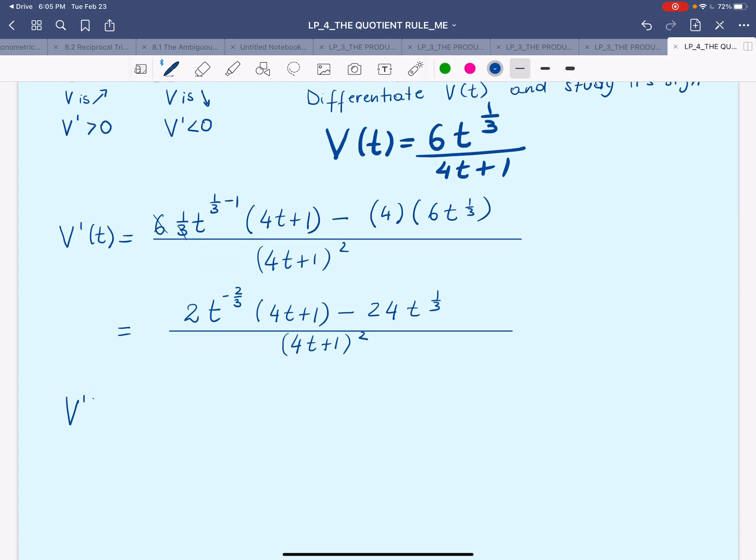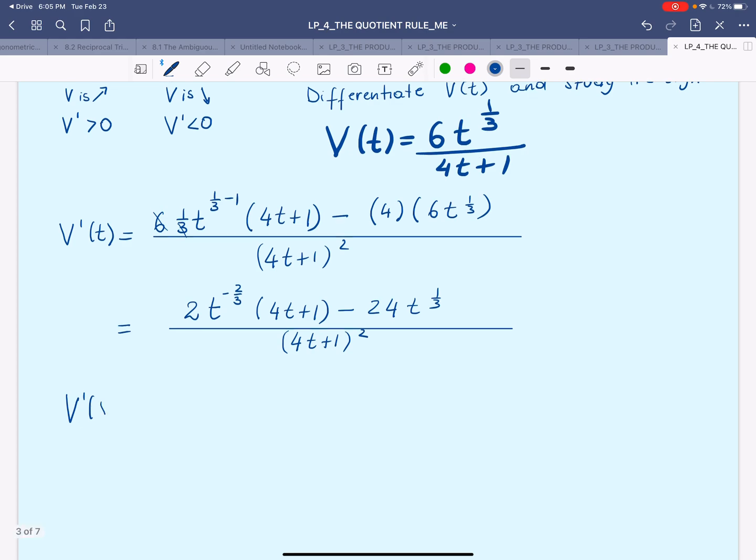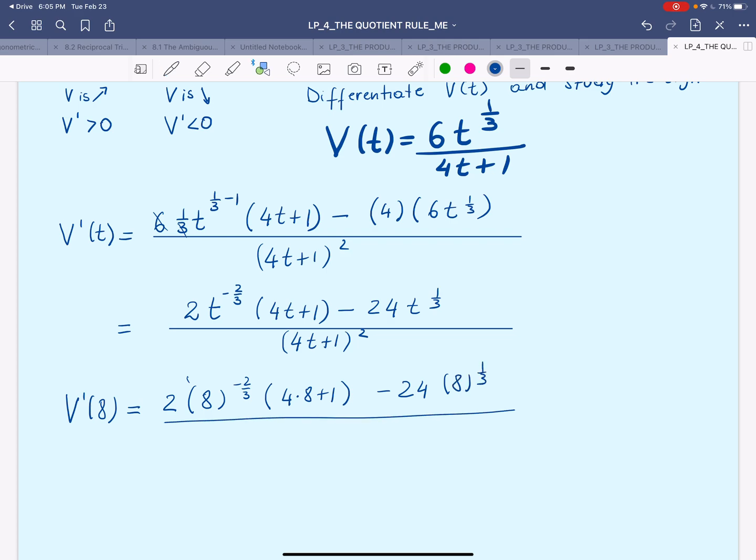So if you want to know whether the balloon is being drained or filled with air at time equals 8 seconds, substitute time by 8. So 2 times 8 to the power of negative 2 over 3 times 4 times 8 plus 1, minus 24 times 8 to the power of 1 over 3, and this is all going to be over 4 times 8 plus 1 to the power of 2.